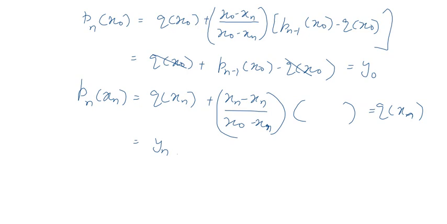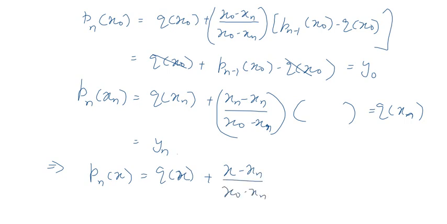Now recall what Pn of x is. Pn of x is equal to q of x plus x minus xn divided by x naught minus xn times Pn minus 1 of x minus q of x. Now what is Cn? Cn is the coefficient of x to the power n in Pn of x on the left side, and if you compare the coefficient on the right side, what will it be?